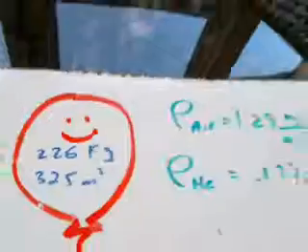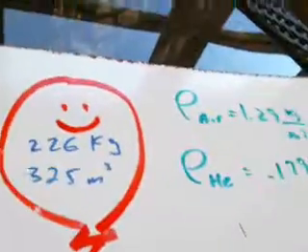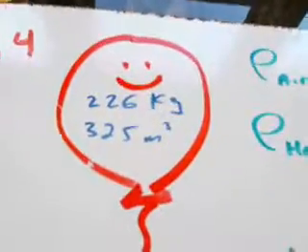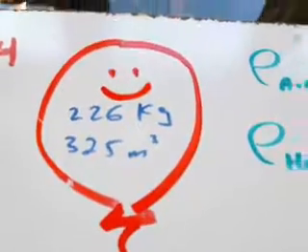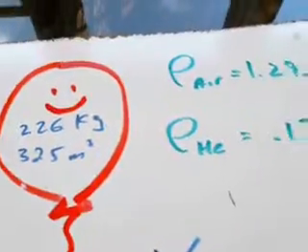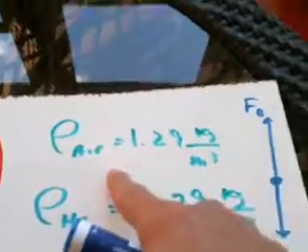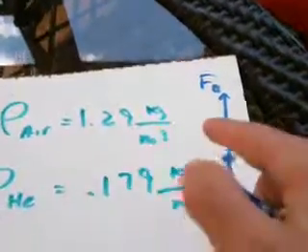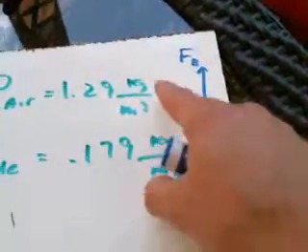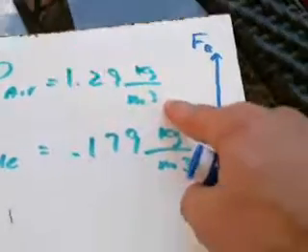We will start with 34, which talks about a really, really big balloon. It's 226 kgs. It has a volume of 325 cubic meters. That's a big balloon. It happens to be in air, in the atmosphere, which is 1.29 kilograms per cubic meter.